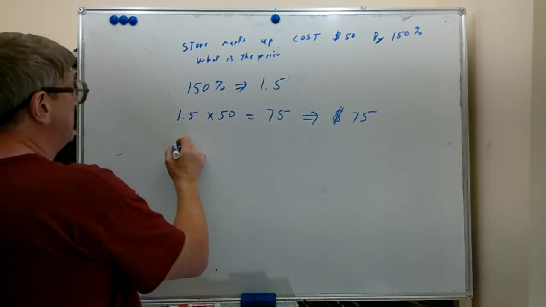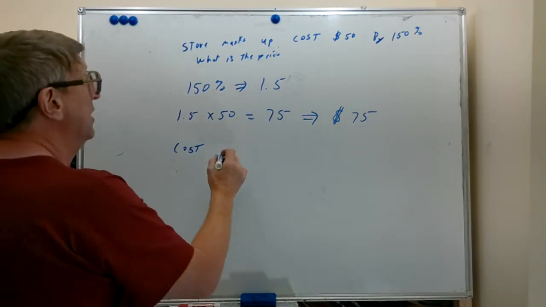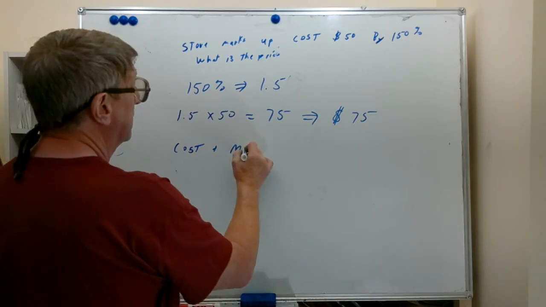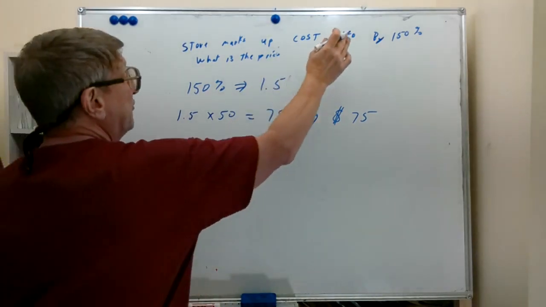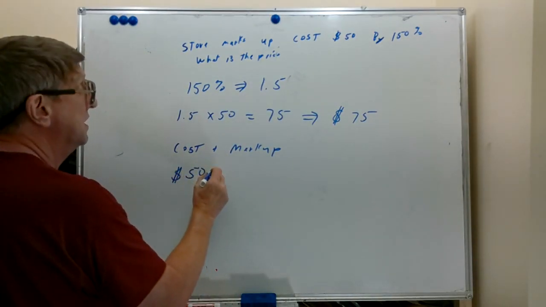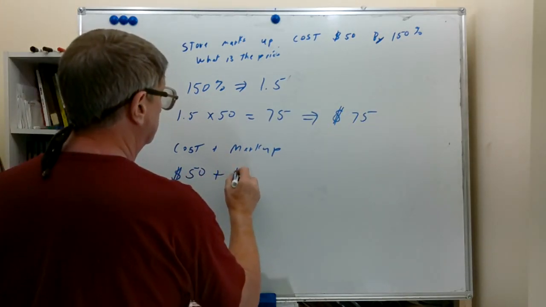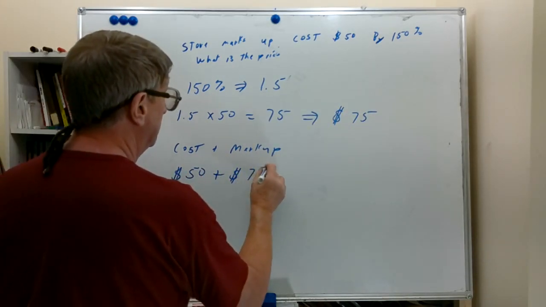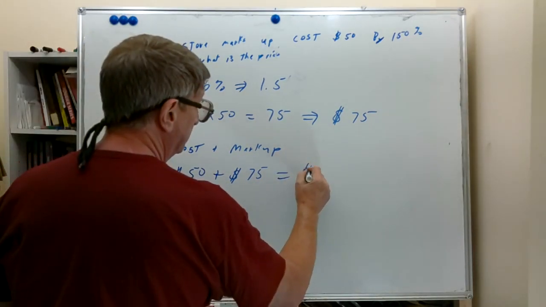The price is going to be the cost that the store pays plus the markup. And the cost we were given is $50. The markup we calculated is $75. 50 plus 75, that comes to $125.